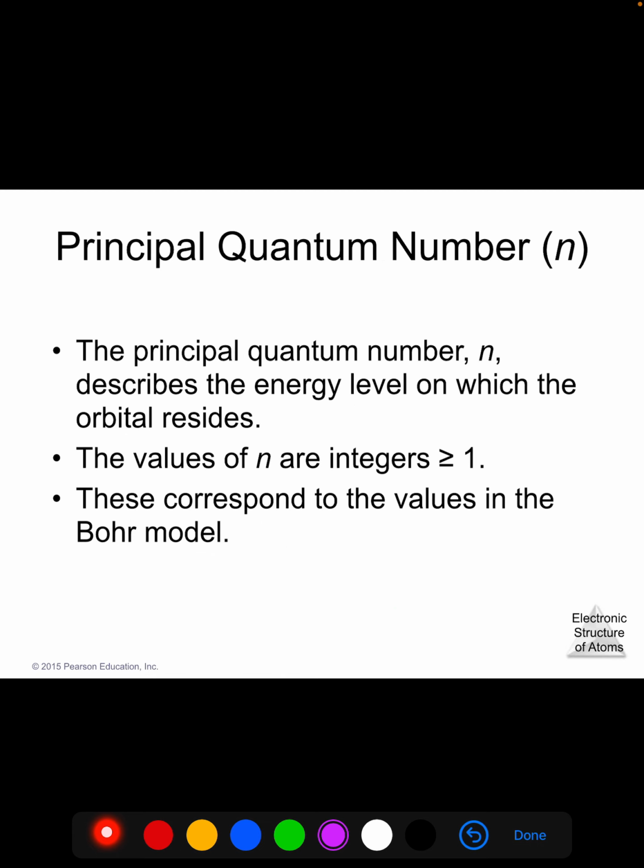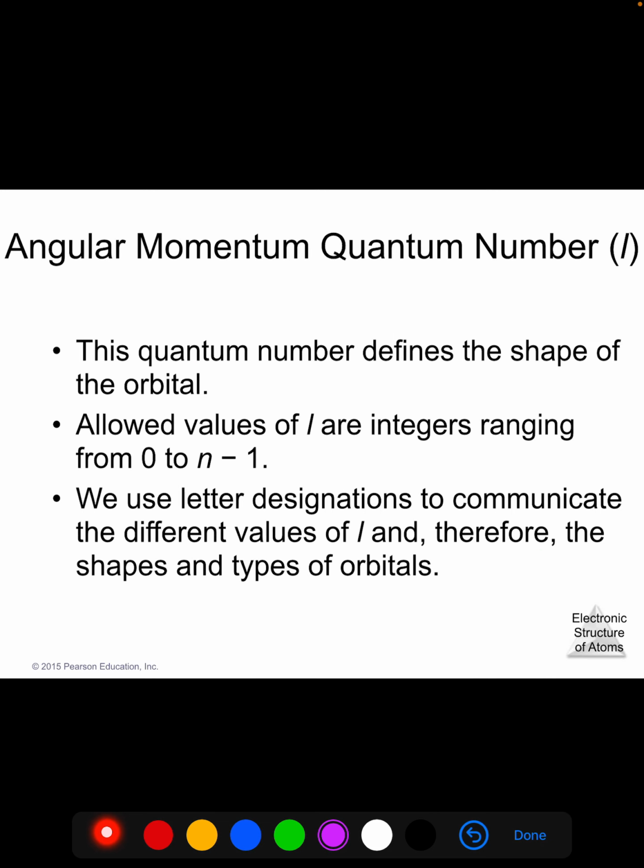So, the principal quantum number corresponds to the energy level. You can't have zero energy, so they're all greater than or equal to 1, and they're integers 1, 2, 3, 4, 5. You could almost say they correspond to the periods in the periodic table. Okay? Those numbers along the left hand side.